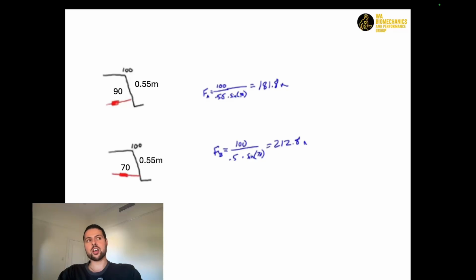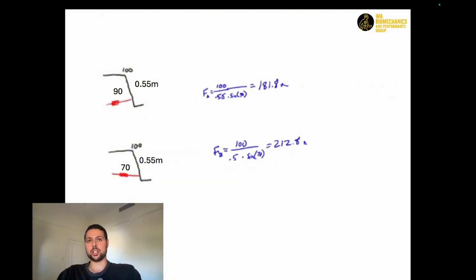So 181.8 newtons is read on that dynamometer. So we'll say your intervention hasn't been effective in helping this person express more force, or there have been other factors, that the person hasn't been compliant, and so on.